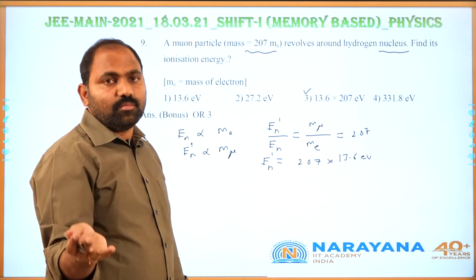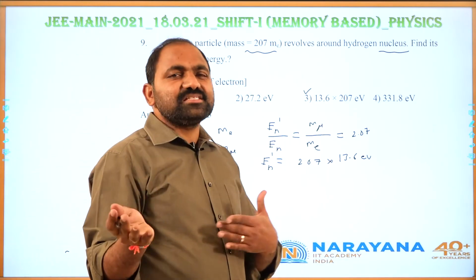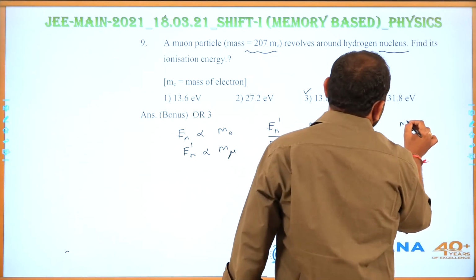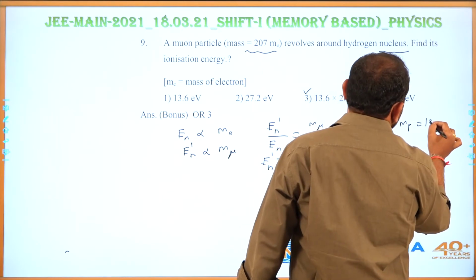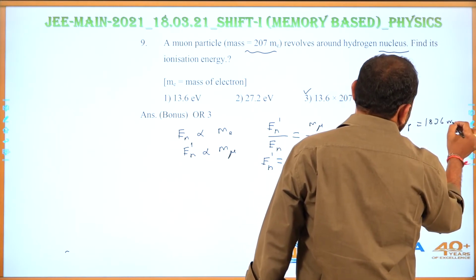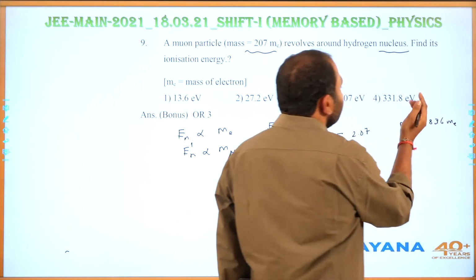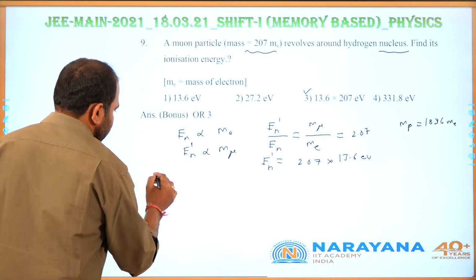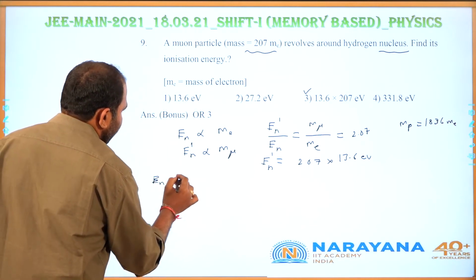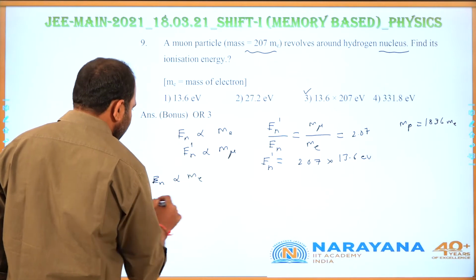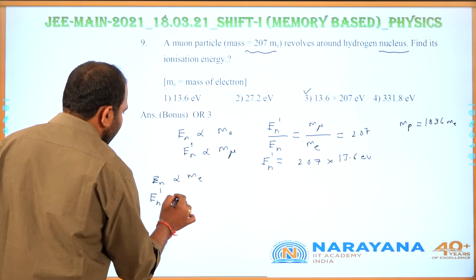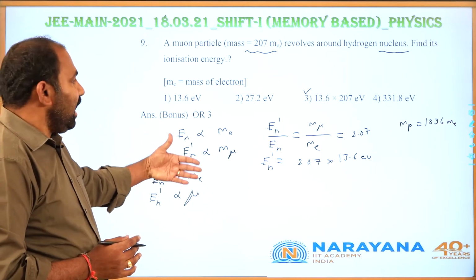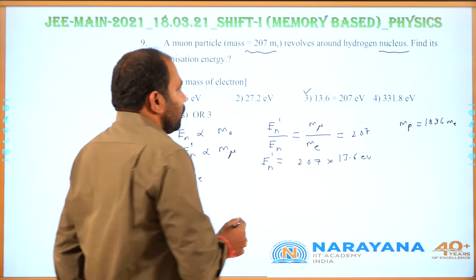But if you consider the motion of the nucleus also, as it has a mass comparable to the muon, the mass of a proton is just 1836 times the mass of an electron. If I consider the motion of the proton also, then the situation will be like this. Initially En is proportional to the mass of the electron. In the second case, En prime can be taken as proportional to mu, the reduced mass of muon and nucleus.